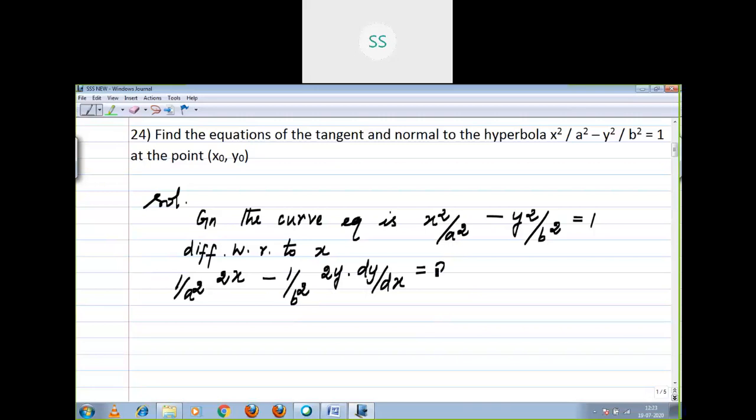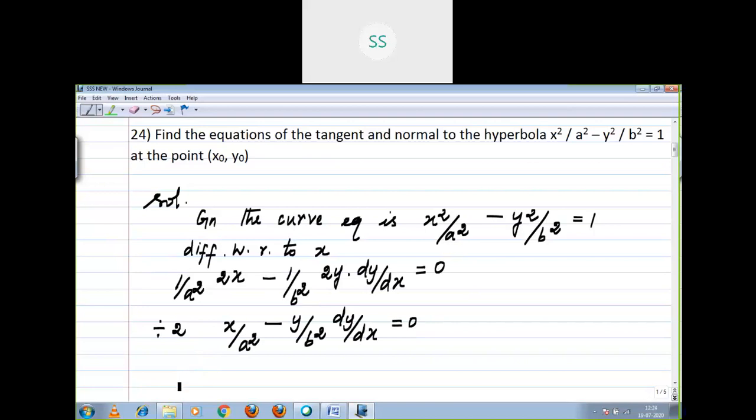One thing you have to listen, in both the terms 2 is common. So you have to divide by 2. The right hand side you have 0, so it won't be affected. x by a square minus y by b square into dy by dx equal to 0. But I want dy by dx alone in the left hand side.